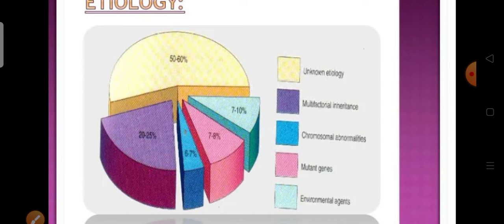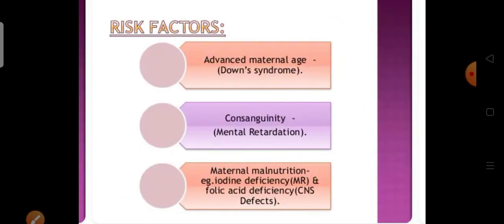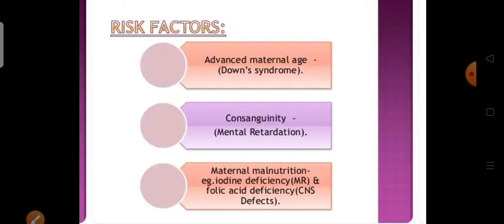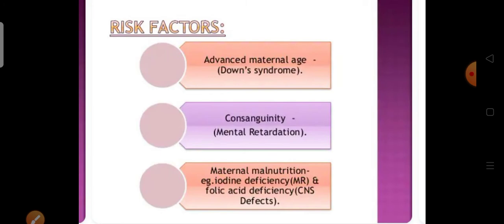This is also one of the reasons to get infections of the baby. So next one is the risk factors. These are the advanced risk factors. If the mother belongs to this age group, then definitely the mother may deliver babies with congenital defects. For example, the advanced maternal age.